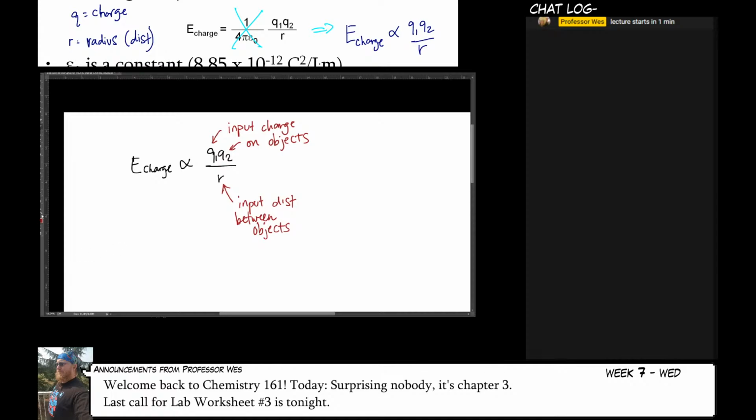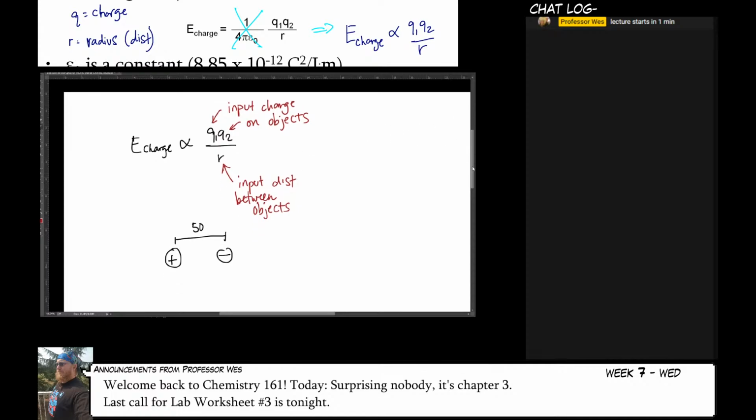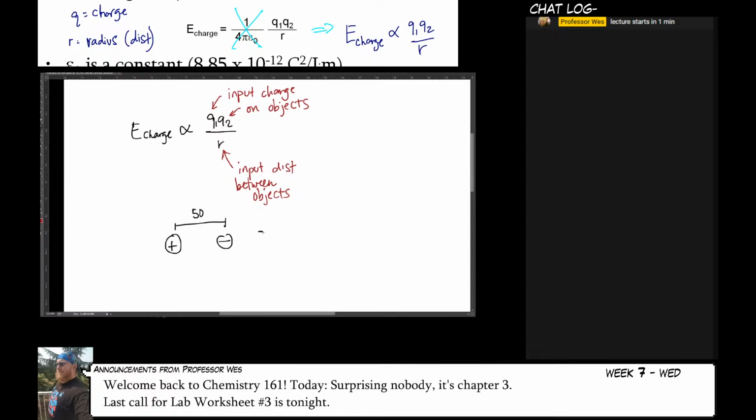So, for example, if I had a proton and an electron, and they were some distance apart, and we don't even care about units, really, because we're going to do this all abstractly, right? Then what the equation would look like would be something like this. And that's going to equal some energy of attraction between them, because my charges are opposite.